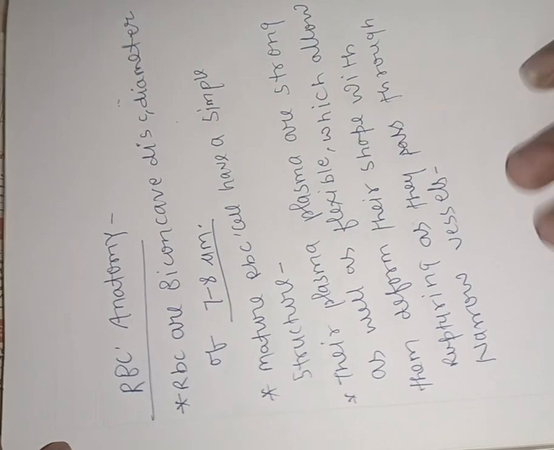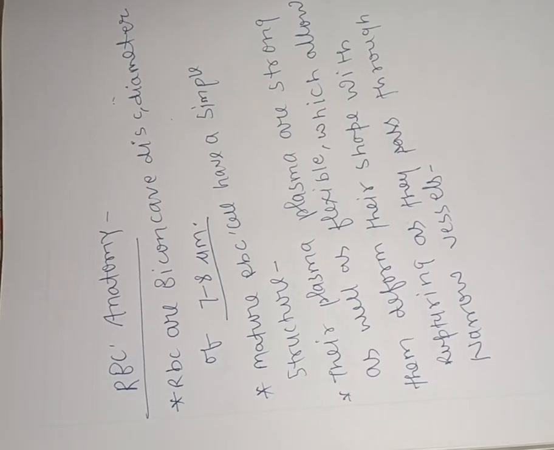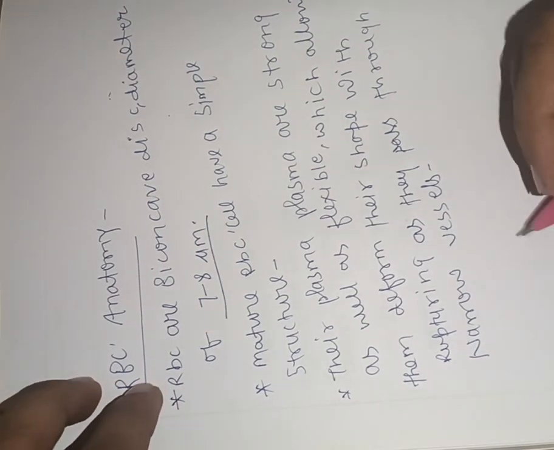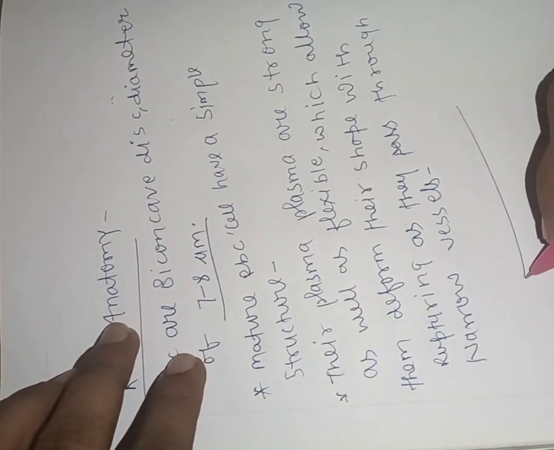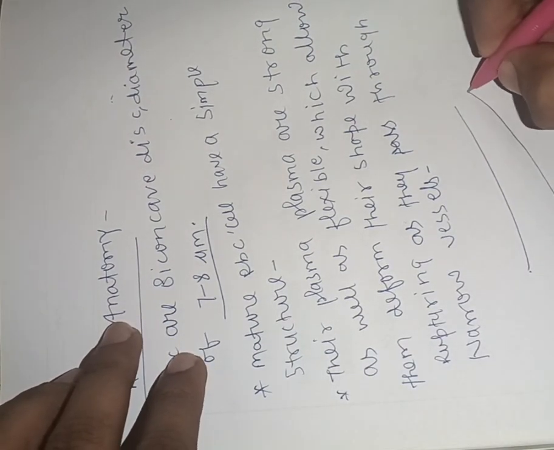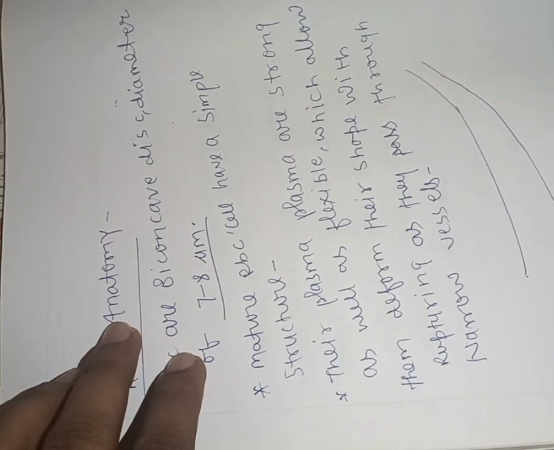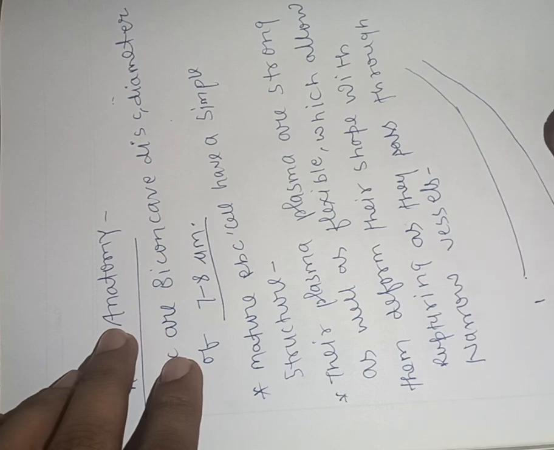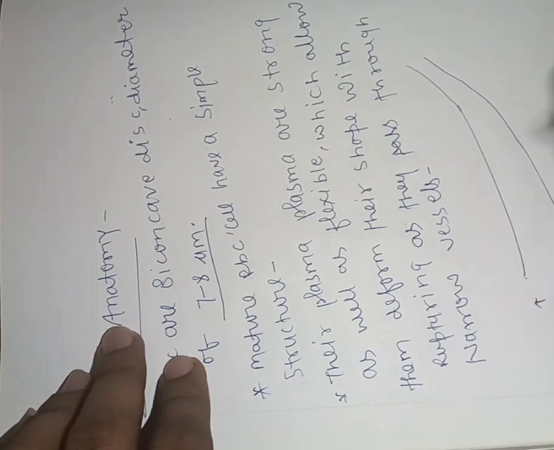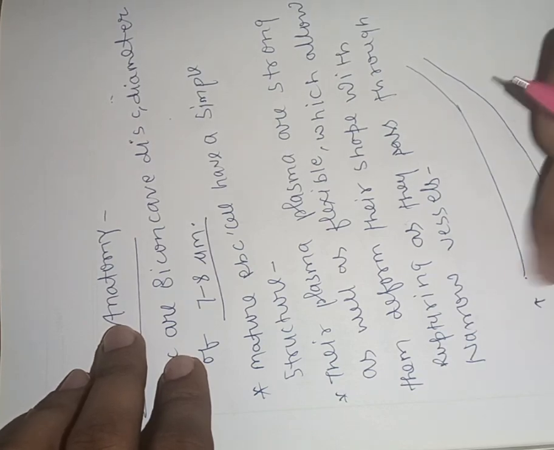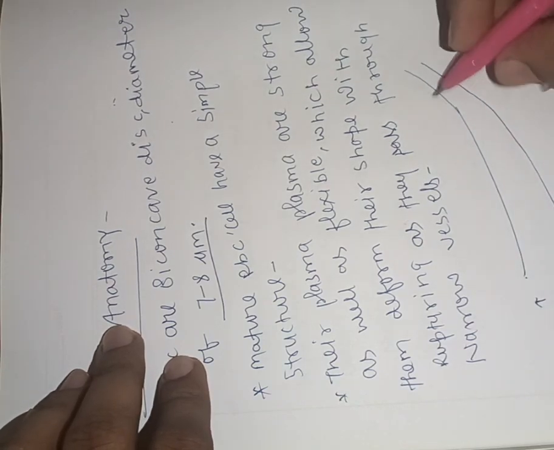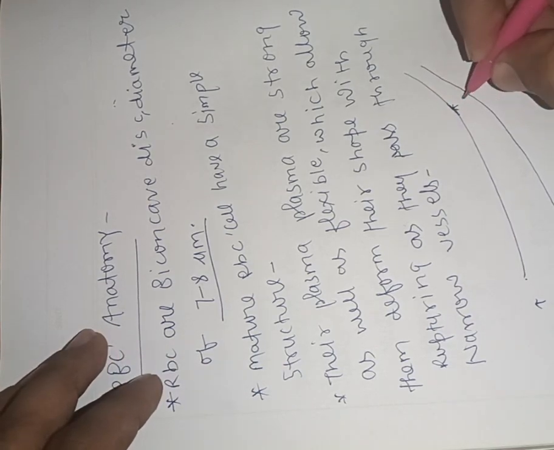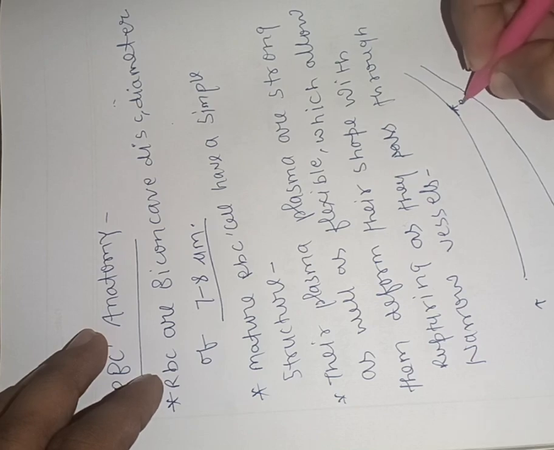Okay, let's see. Suppose this is a blood vessel. Here the diameter of the blood vessel is A. Here the diameter is more, and as we go through, the diameter becomes less.